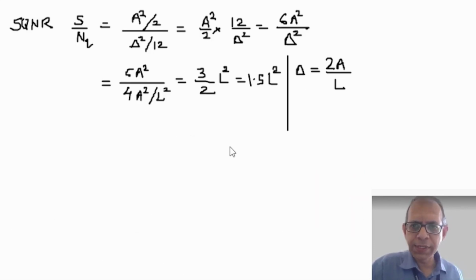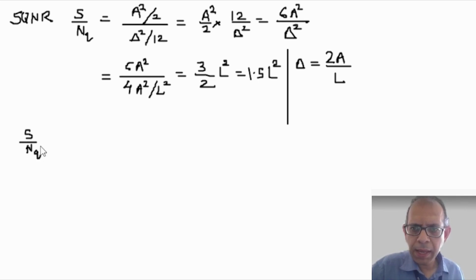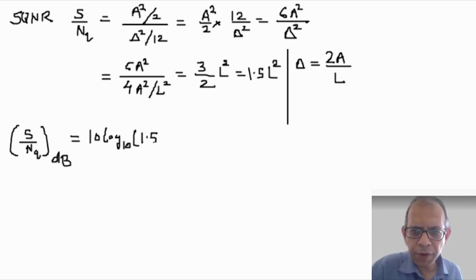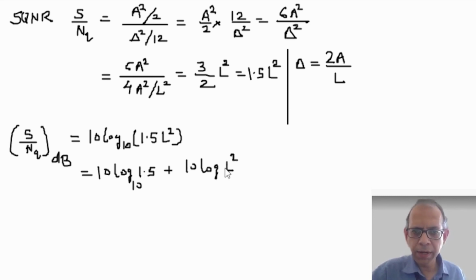Now when expressed in decibels, S by NQ in decibels is equal to 10 log to the base 10 of 1.5 L squared, which is equal to 10 log 1.5 plus 10 log L squared. 10 log 1.5 is approximately 1.76 plus, here we can write it as 20 log L to the base 10.